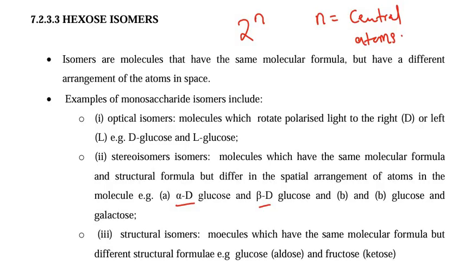So by central atom, we just mean an atom where you can rotate the whole structure, or rather where the structure is symmetric. So the typical illustration is what you are doing when you are getting the alpha D glucose and the beta D glucose.